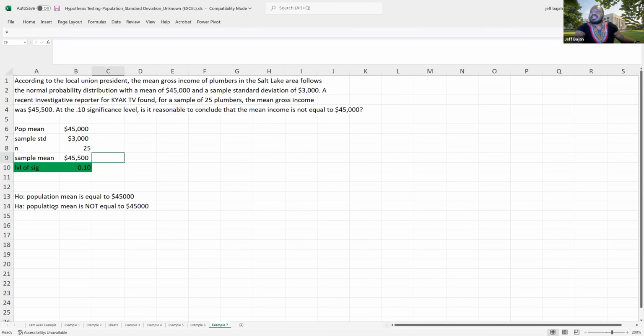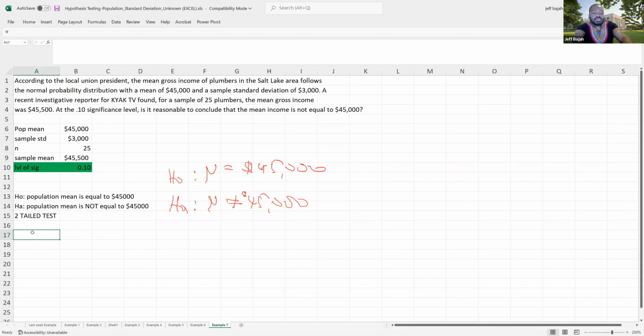Step 3: since it's not equal to, remember, this just means H sub A, that the population mean is not equal to 45,000. Sorry, H sub A. H sub 0 means it's equal to 45,000. So we know that this is going to be a two-tailed test. That's step 3.